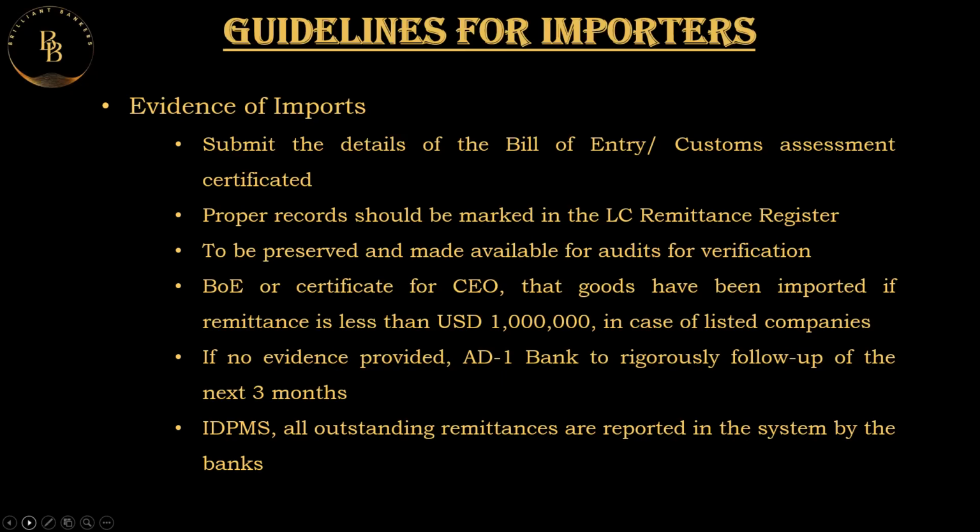Authorized dealers are required to cross-check the parameters and the particulars in the evidence of import with the particulars of the LC that was opened or the remittance that was made for the imports. For the purpose of monitoring receipt of summary, a record should be marked in the LC remittance register, and all AD banks should, in all cases, acknowledge receipt of the exchange control copy of the bill of entry from the importers by issuing acknowledgement slips to them.